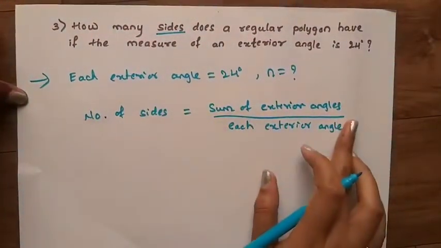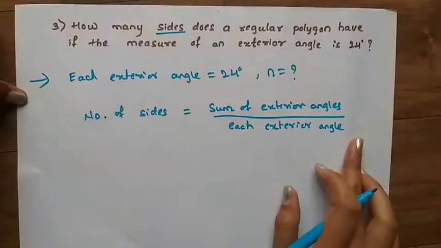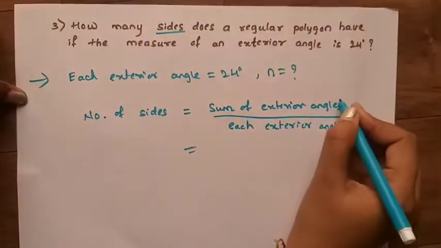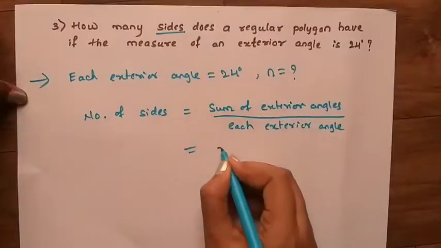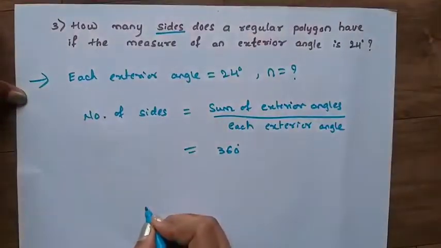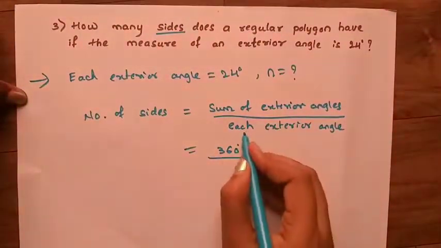This is our formula. Here for solving the number of sides, the number of sides is equal to the sum of exterior angles divided by each exterior angle. Here the sum of exterior angles of any polygon is always 360 degrees, divided by each exterior angle.